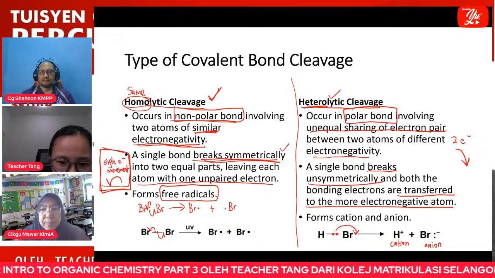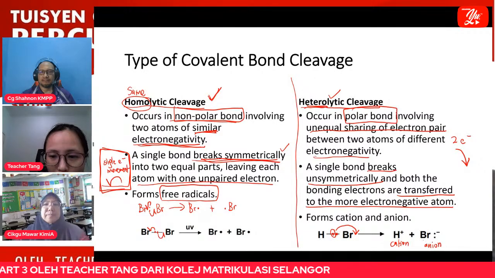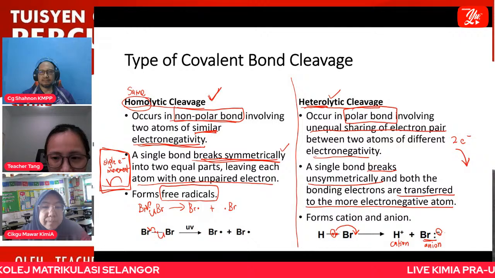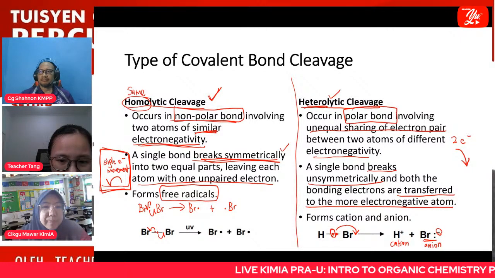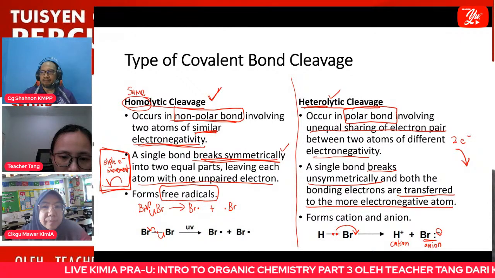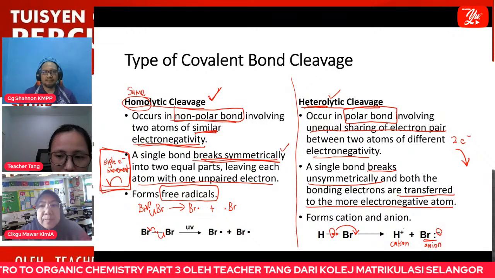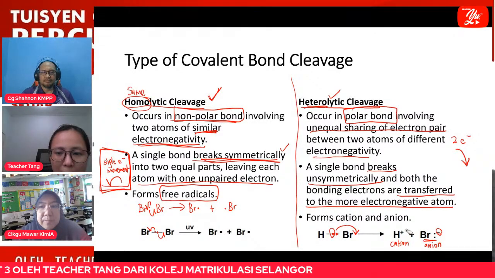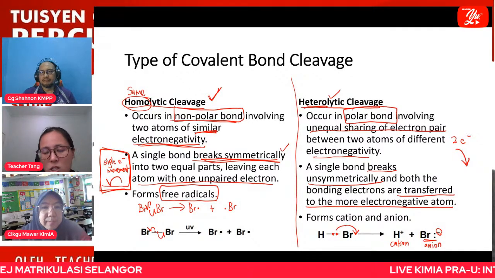So bromine gets the hydrogen's electron, therefore bromine becomes Br minus, the anion, because it gains one electron from the hydrogen. And the hydrogen lost its electron, therefore it becomes positively charged, H plus. So it becomes the cation after heterolytic cleavage.